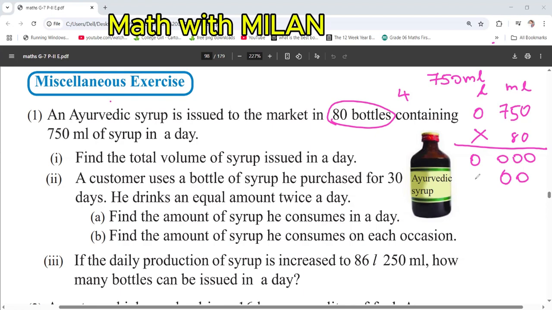Then you write 0 here and 6 carries. 8 into 0 is 0. 0 plus 6 is 6. Right? So your answer should be like this: 60000. That means 60 liters. Your answer is 60 liters. Right. Okay.